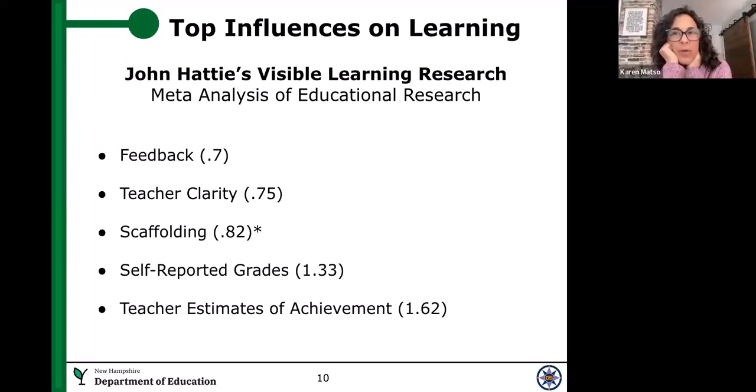Sure. So point 4 basically means that whatever that structure or strategy or input is, the meta study revealed that it will lead to approximately 1 year's growth. So anything that's above point 4 leads to more than a year's growth, right? So if you look at self-reported grades, 1.33, that's gargantuan, right?